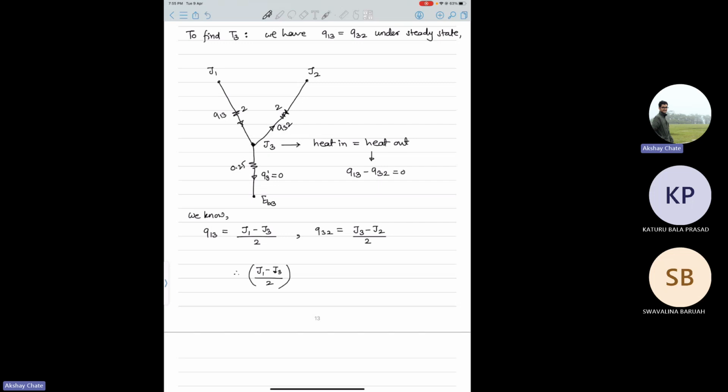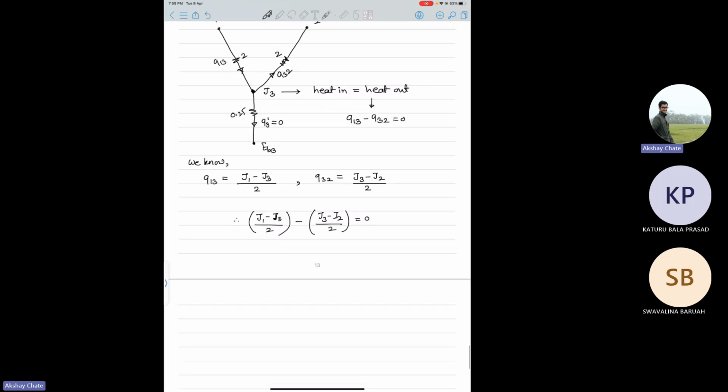This is your first term in your energy balance. Minus Q32, which is J3 minus J2 by 2, equal to 0. Therefore, your J3 is nothing but the average of these two. Then only this will be 0, right?